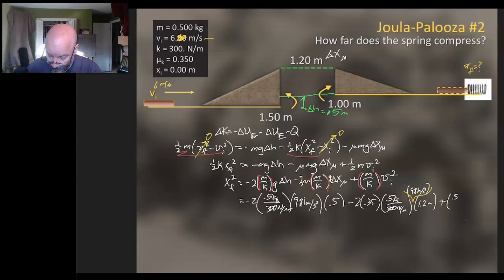Okay, 0.5 over 300. Again, we got newtons per meter, kilograms, and then this is v i, which is 6 squared meters per second. Okay, there we go, v f. So we got more of these weird units because of the newtons per meter squared, but I know this combination, kilogram meters per second squared, that's a newton.